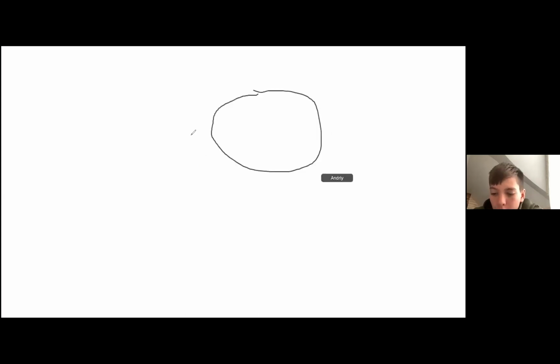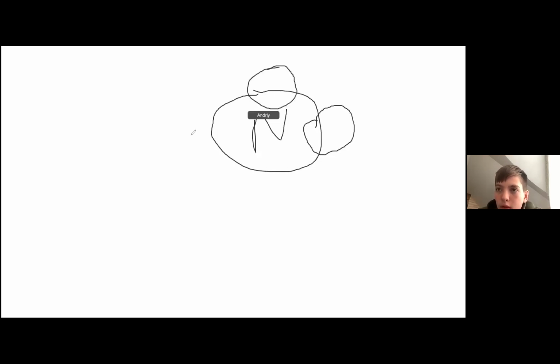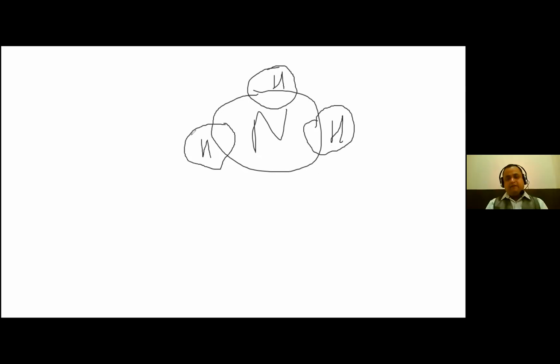Yes, start. Okay, so as you learned in previous school, there is one atom of nitrogen and there are 3 atoms of hydrogen, and it's something like this. This is the ground state configuration of the nitrogen atom only.